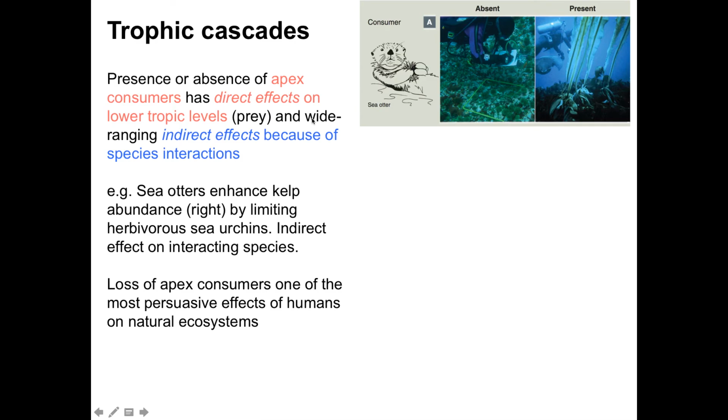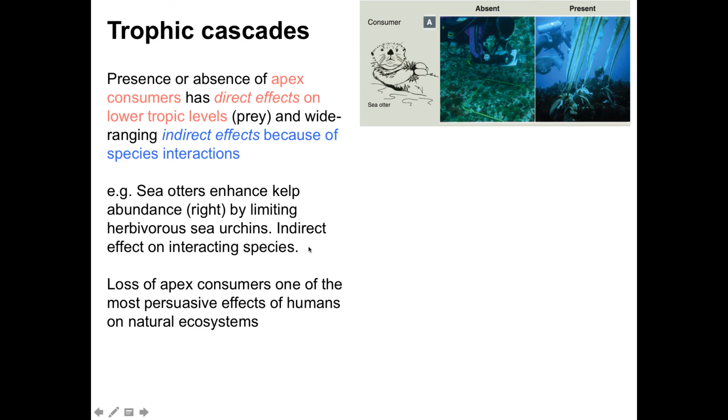Trophic cascades are where the presence or the absence of an apex consumer has direct effects on lower trophic levels, i.e. by consuming prey, but also wide-ranging indirect effects because of species interactions. For example, sea otters enhance kelp abundance by limiting herbivorous sea urchins.